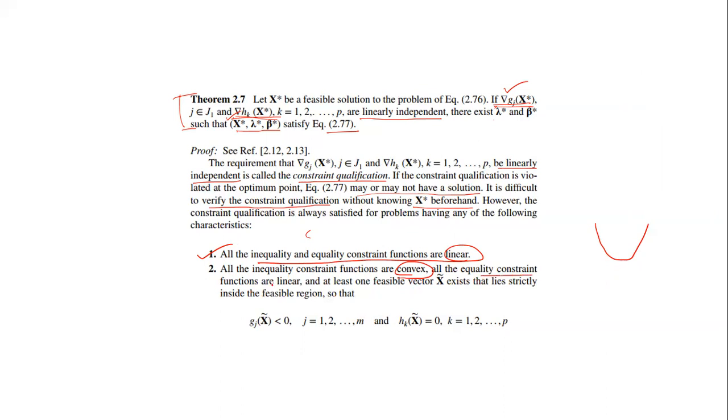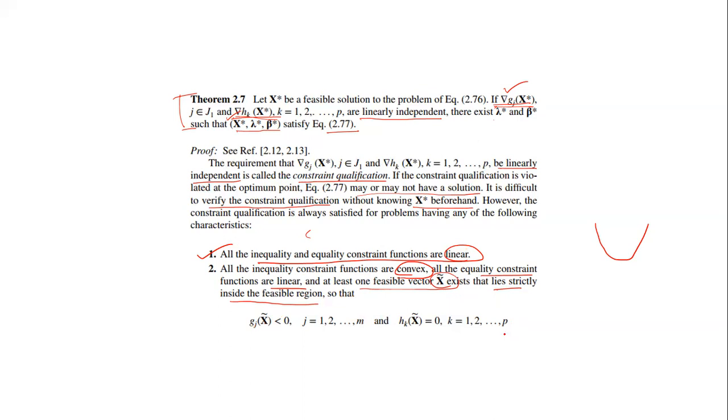And your equality constraint has to be linear. If these two conditions are fulfilled, and such x values are also in the feasible zone, then we can say that that particular value of x tilde is an optimum point for our given problem.